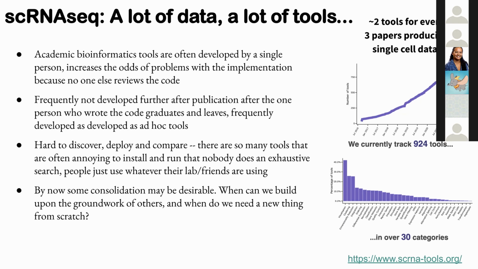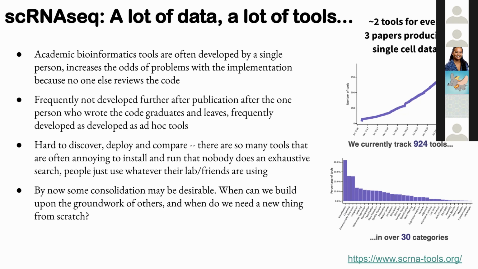A lot of them are not super principled, and so at this point, I think it's clear to everybody that some consolidation is desirable in terms of the methods that you use for single cell. And the question is, when can we build on the work of others, and when do we really need to make a new tool from scratch?